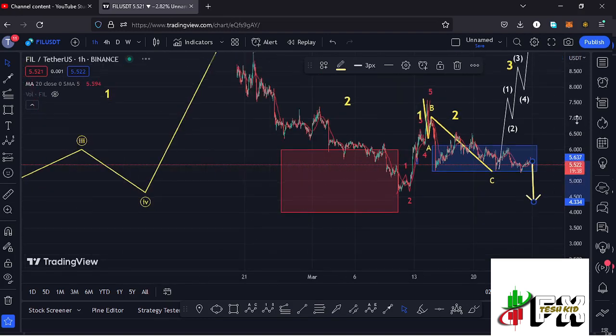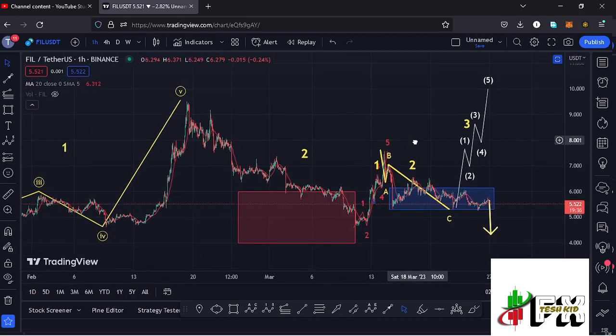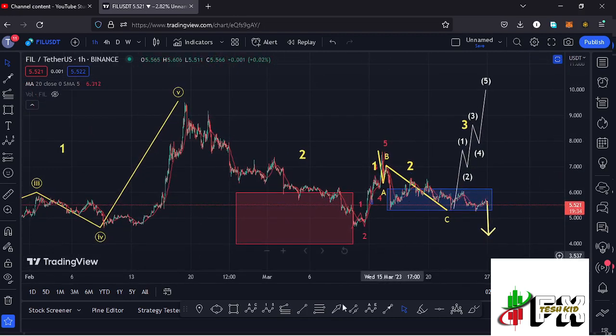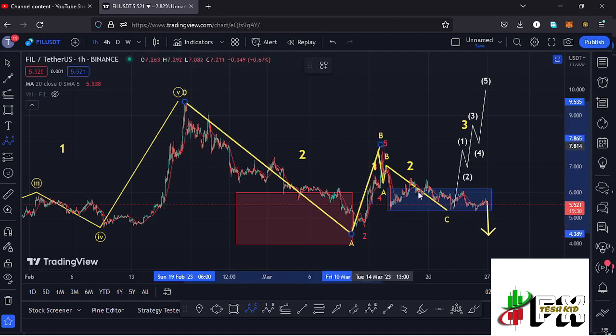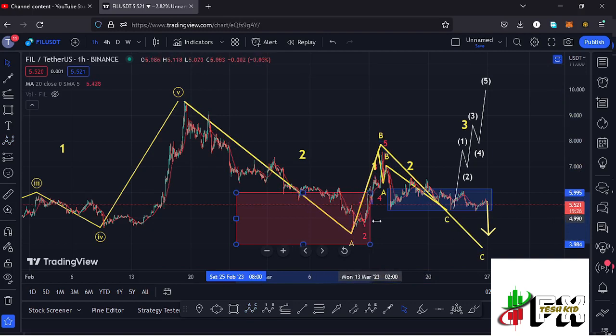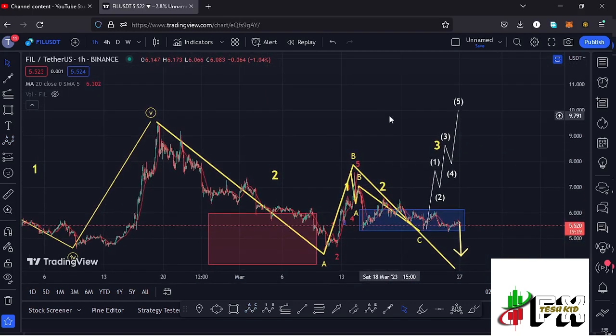And if that is the case, we can term whatever we are seeing over here as a massive ABC corrective structure, having these as the wave A, then a wave B, then the wave C to give us one more leg down within this red target area in the formation of that wave 2 before we can start our massive run up to the upper side in the formation of that larger Elliott wave count 3. So that is what we can expect here on the short term scenarios, and also on the worst case scenario in case the breakdown continues and we lose our blue target area.